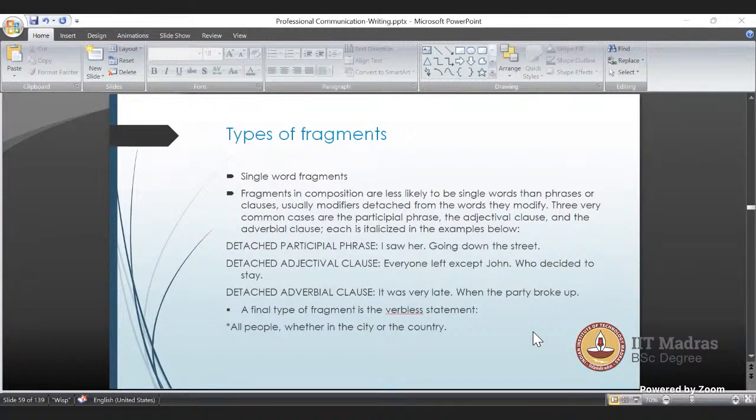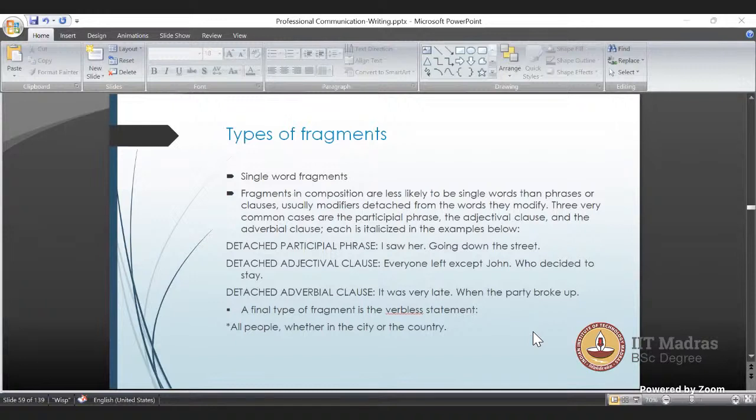Whenever you see this ing form or ed form in the fragment, you need to understand that this is a detached participial phrase. Adjectival and adverbial are easy to understand from the context, but with this one, ing forms and ed forms are mostly common. But in cases of fragments, more than ed forms, you will find the ing forms.